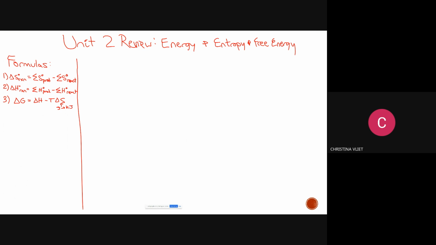They pretty much always give you entropy values in joules, and you have to change them to kilojoules, or else you're going to get your answer way wrong. It's going to be way off because the units don't match, right? That was formula number 3, the delta G formula.